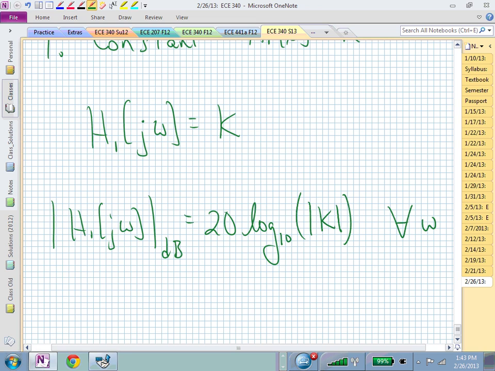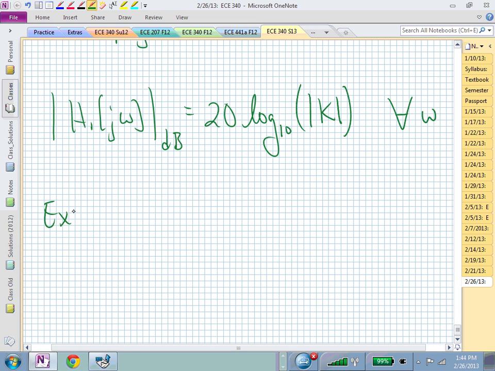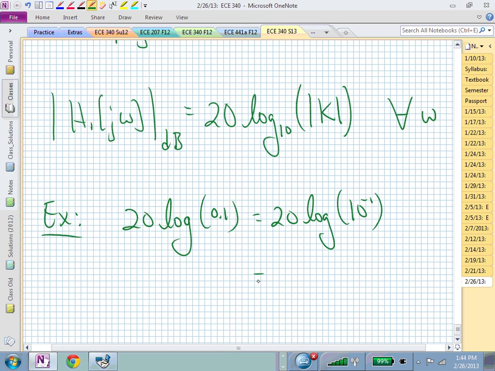If k was 1/10, which it was in our example, what is the magnitude in dB? Now you've already told me what the log of 10 was, didn't you?